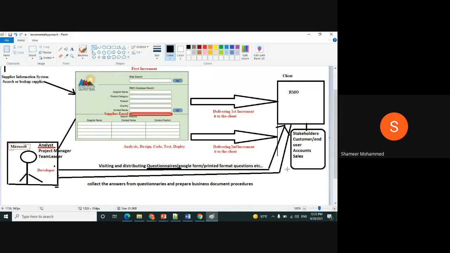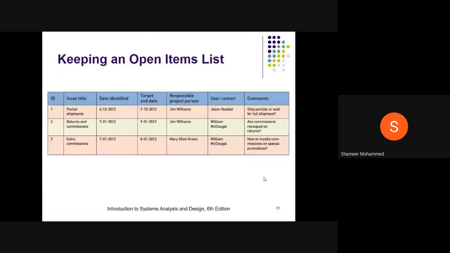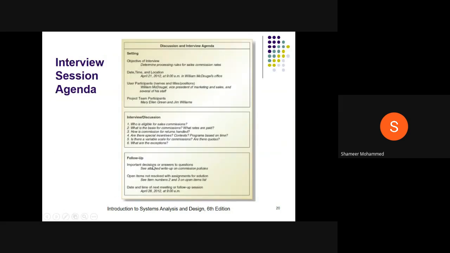You have to ask these people what the answers are for those unanswered questions. So the example is like this: on this date, and this is the target date for completing those answers. Who is the responsible person to get that answer? User contact ID, comments. Like this you have to write it in a document. Unanswered questions, open questions, follow up to get the answers.